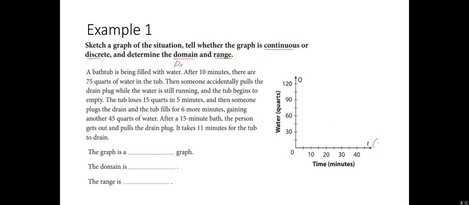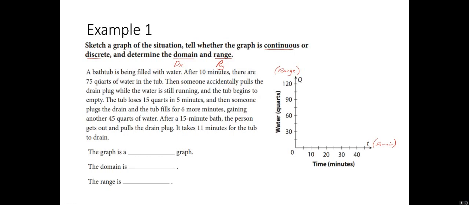So t is our domain. Now, our range involves our y, which in this situation is the water, or the quarts. So again, your range is here. Always remember: domain, left or right; range, up or down.